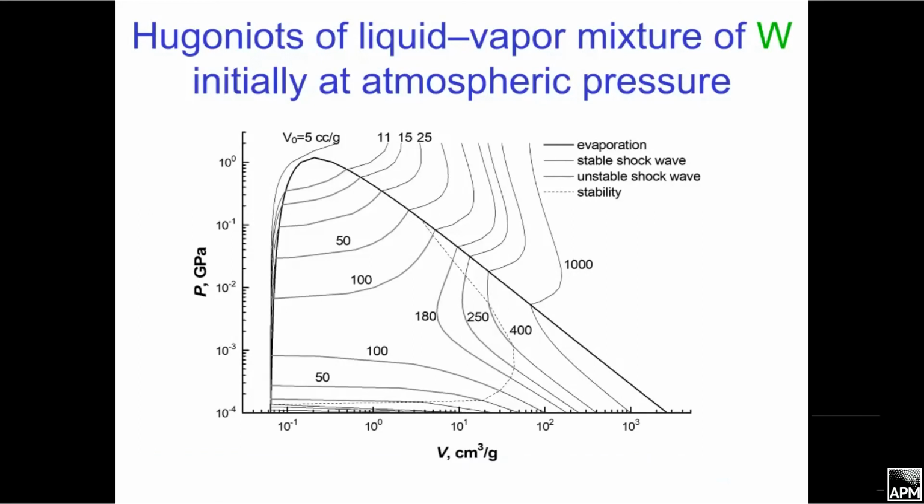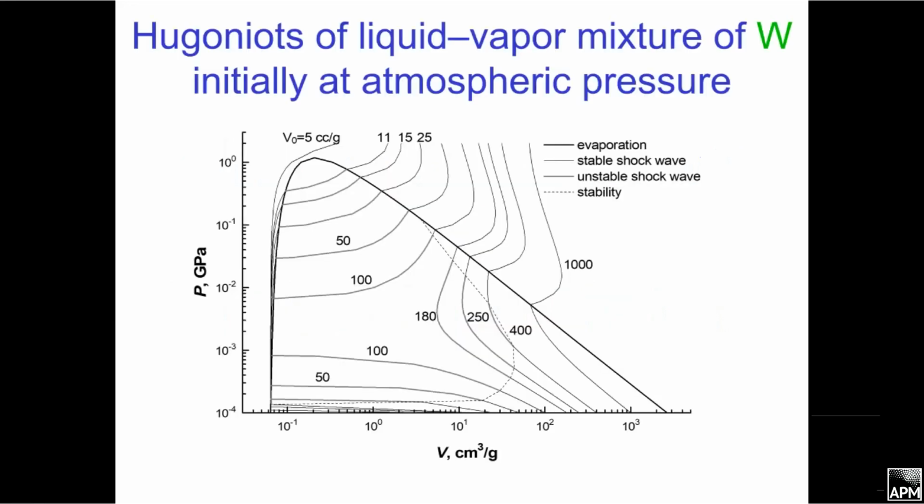And here inside there is a mixture of two phases, and all of these shock adiabats are calculated in the approximation that in each point this mixture of liquid and gas is in equilibrium.